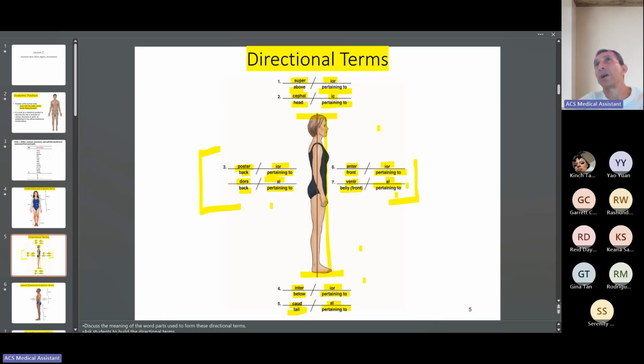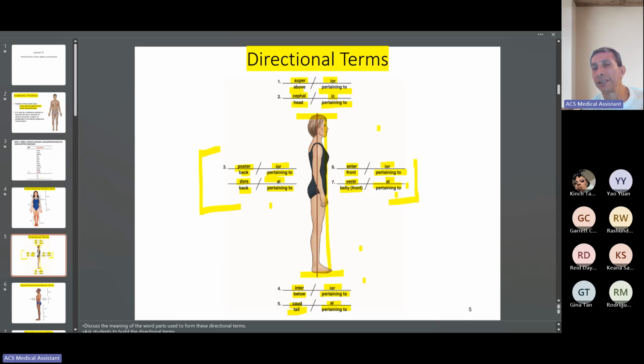So let's say that you have a medical term, just throwing something in there for me to understand whether you're following this lecture or not. If they give you a medical term and ask what it means, you have to translate it to English.